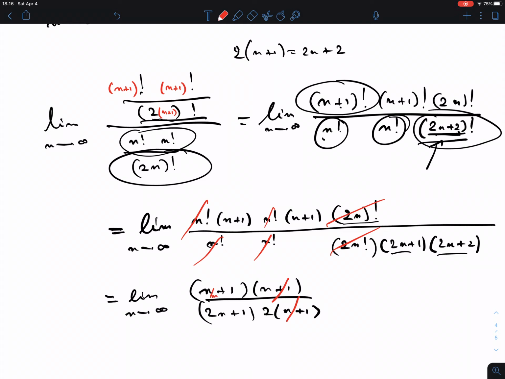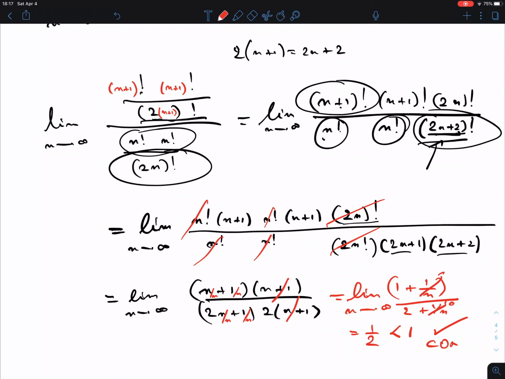Divide by n and divide by n. So I'm left with the limit for n going to infinity of 1 plus 1 over n, and in the bottom I have 2 plus 1 over n. So this will go to 0, this will go to 0, and therefore what I'm left with is a half, which is less than 1. That's good, that means convergence.